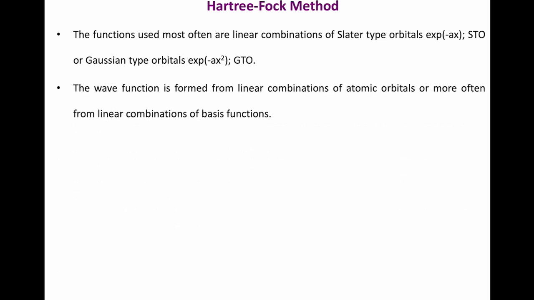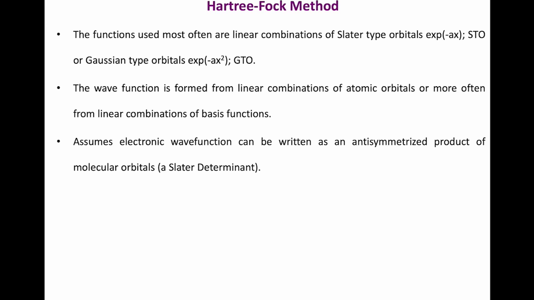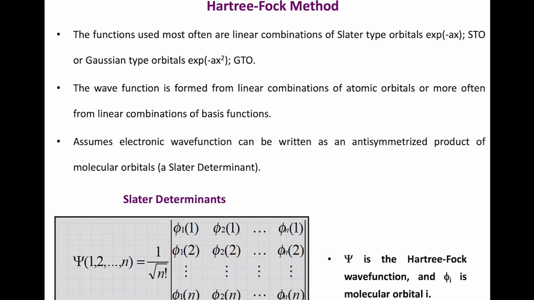The wave function is formed from linear combinations of atomic orbitals, or more often from linear combinations of basis functions. It assumes the electronic wave function can be written as an antisymmetrized product of molecular orbitals, known as the Slater determinant.